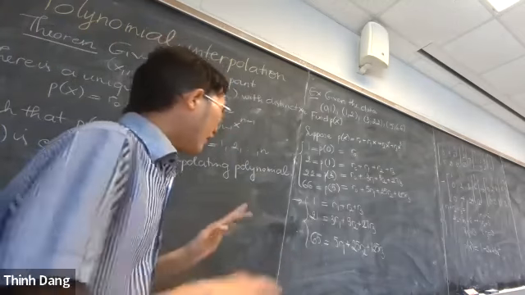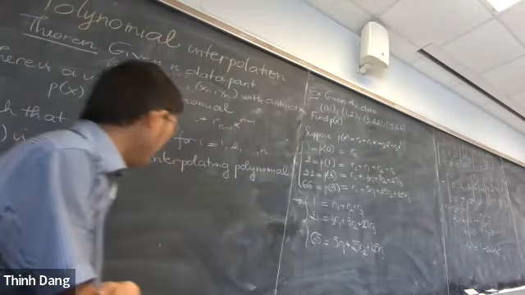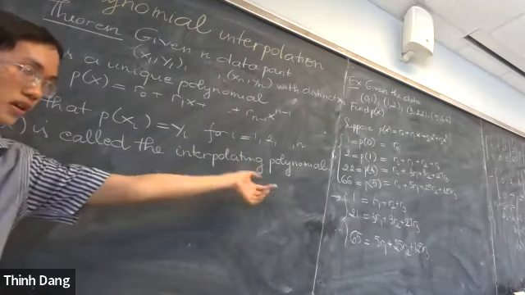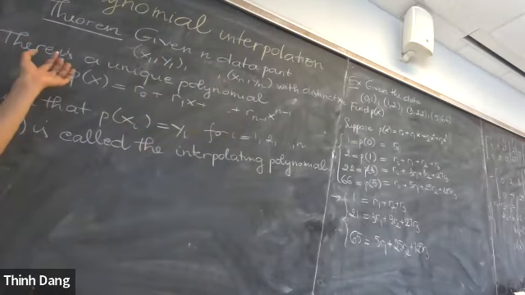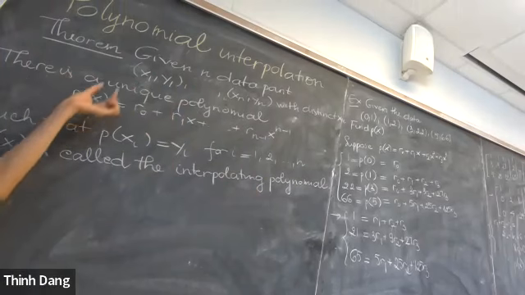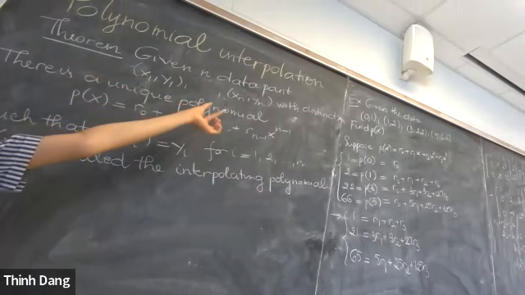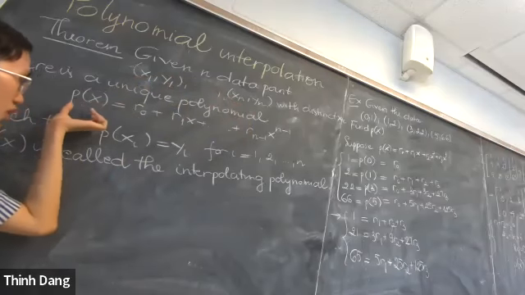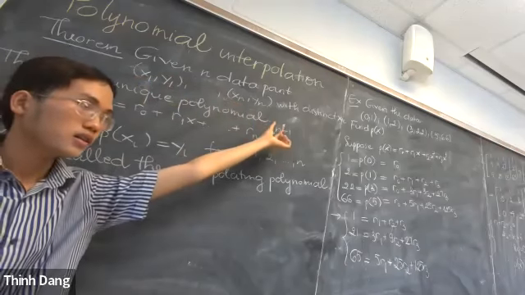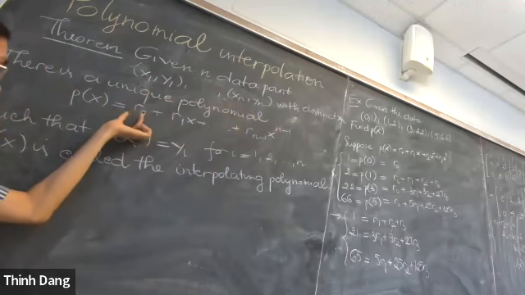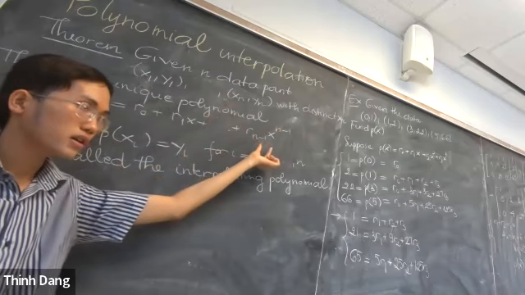So I have already explained to you the procedure of how to find the interpolating polynomial corresponding to your data. First of all, you need to write out the form of the polynomial based on the number of data points you have. If you have n data points, the maximum degree of the polynomial should be n minus 1. So you will have n coefficients from R0 to R(n minus 1).